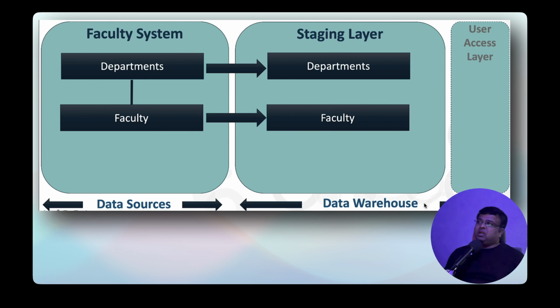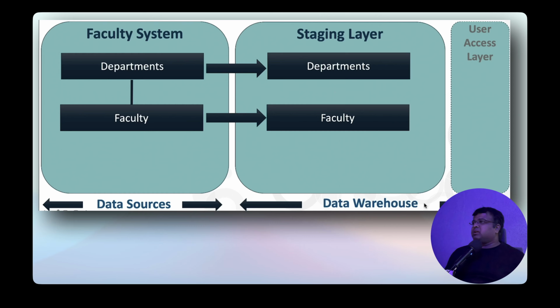Inside the staging layer, what we often do is create near mirror copies of the source structure. Why? Because our goal is fast and non-intrusive extraction. The closer the staging tables resemble the source tables, the easier and smoother the data movement becomes.